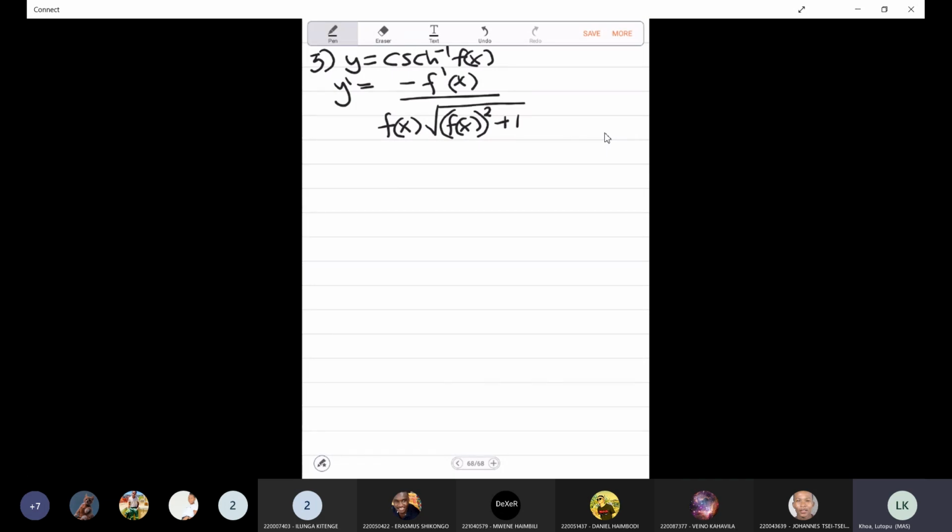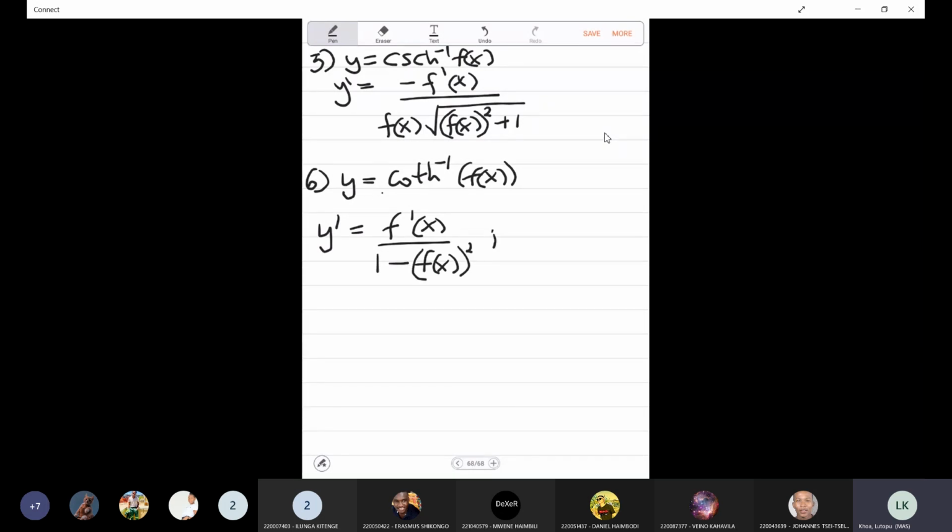And then the last one, if y is equal to hyperbolic cot inverse of f of x, then y prime is equal to f prime of x over 1 minus f of x squared.